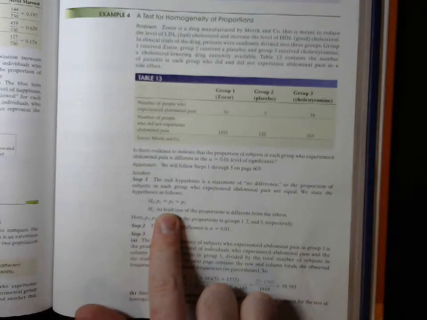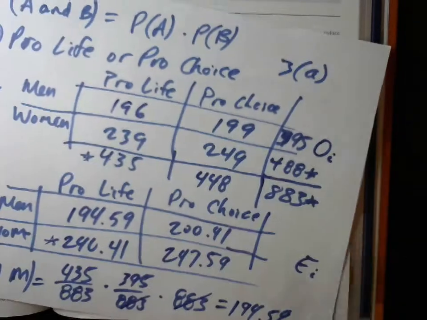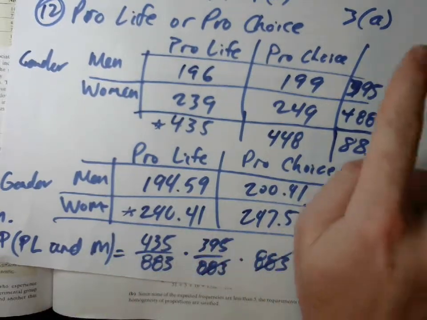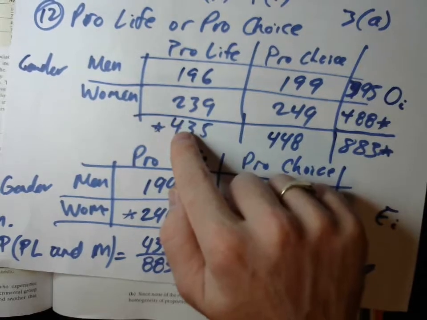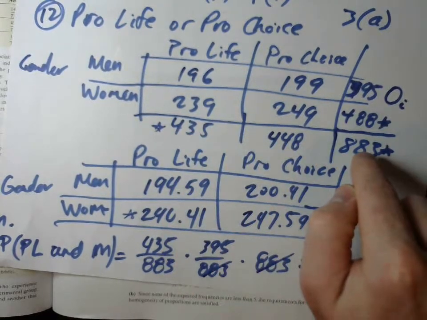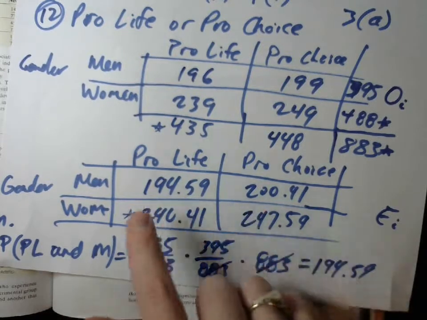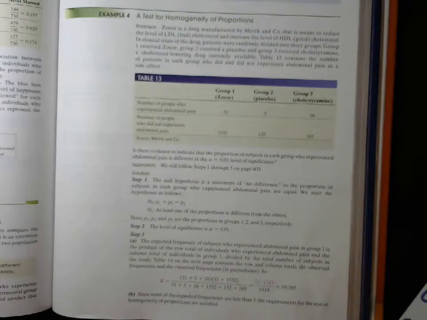I would suggest looking at example 4 to understand it. It's the same exact process in building a table similar to this, where you add up the totals and then multiply the observed of one row, the column, divide by the total, and you get each of the expected, assuming that the proportions are equal.